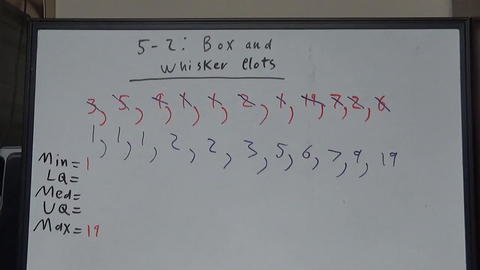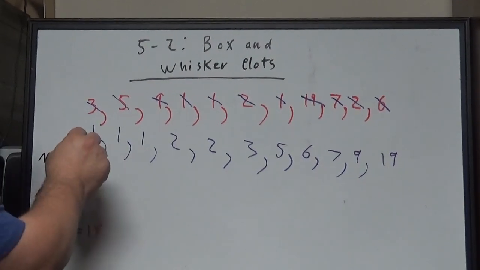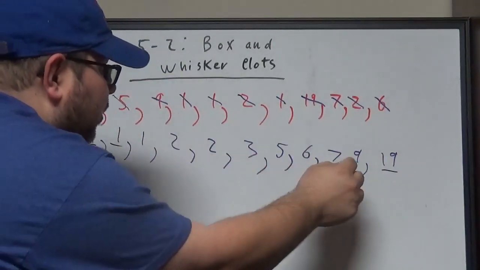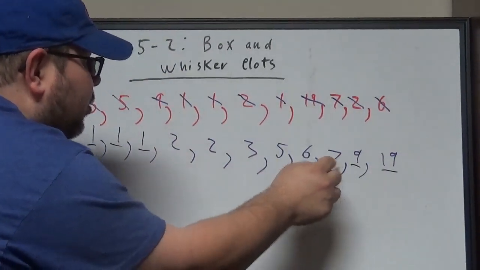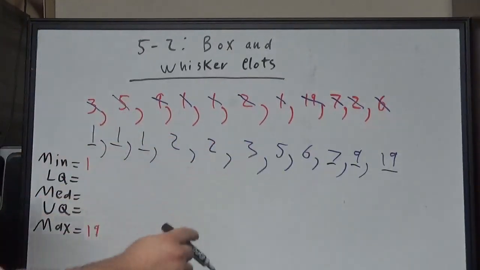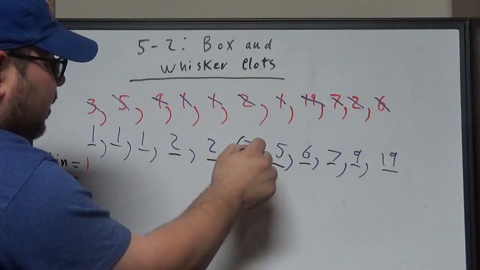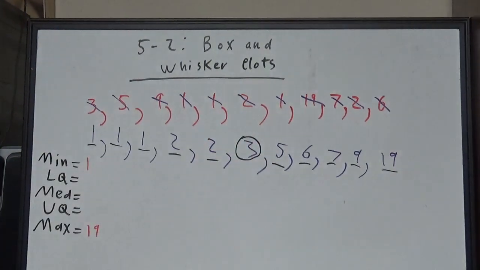Next thing I'm going to find is the median. Now, my suggestion when you're searching for a median is, if you just have a few numbers as we do here, mark them. Notice I'm making a mark on the left side and on the right side each time, and then I'll find the middle. Now I have found my median.